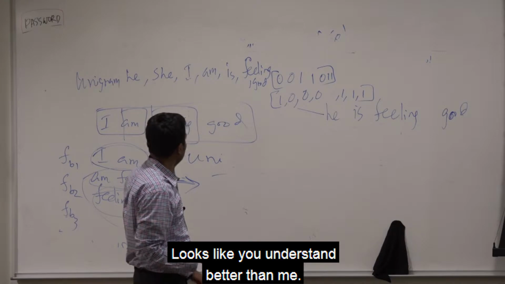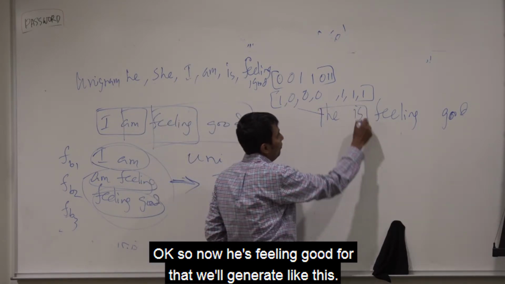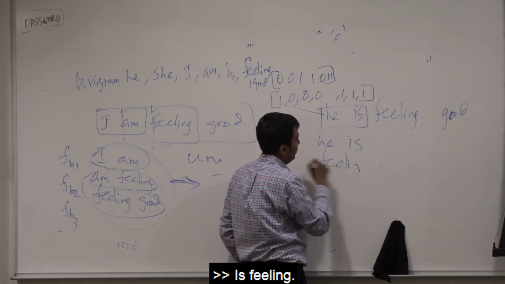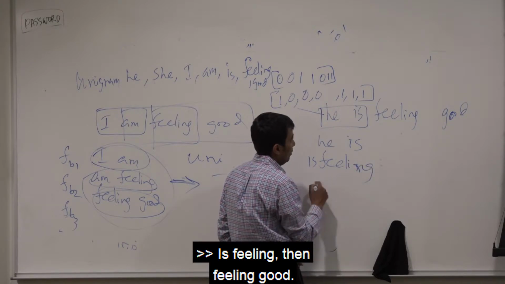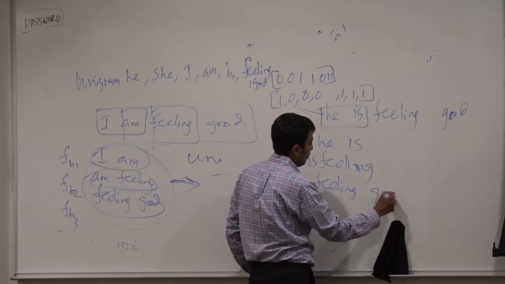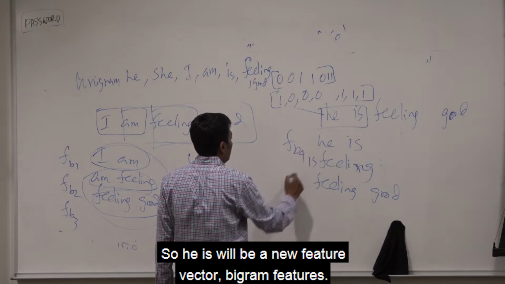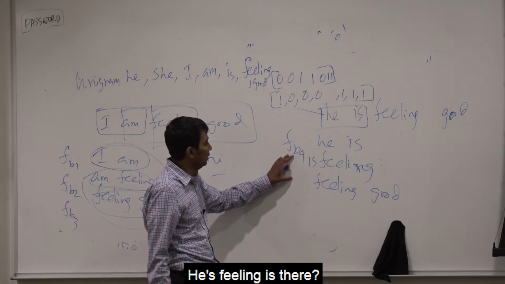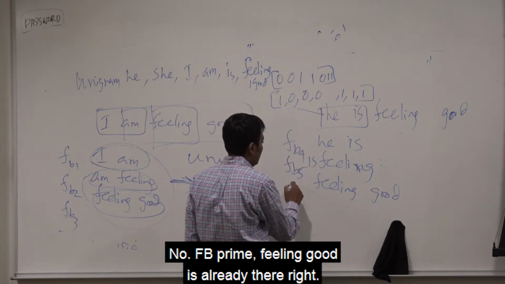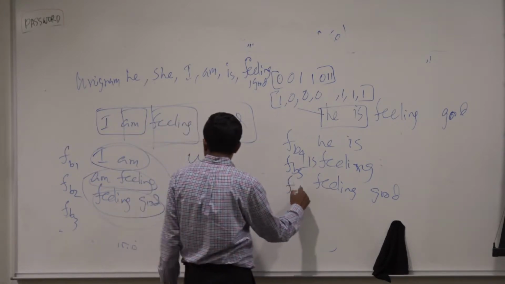For that we will generate the unigram vector like this, and for bigram we will generate "he is", "is feeling", then "feeling good". So "he is" will be a new bigram feature. "Is feeling" is there or no? No, that is a new one. "Feeling good" is already there, so that will be FB2.